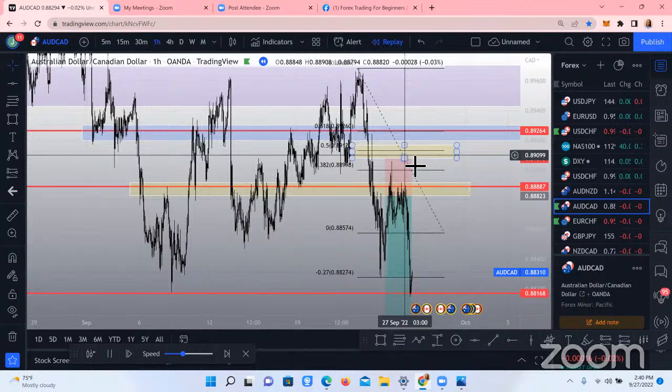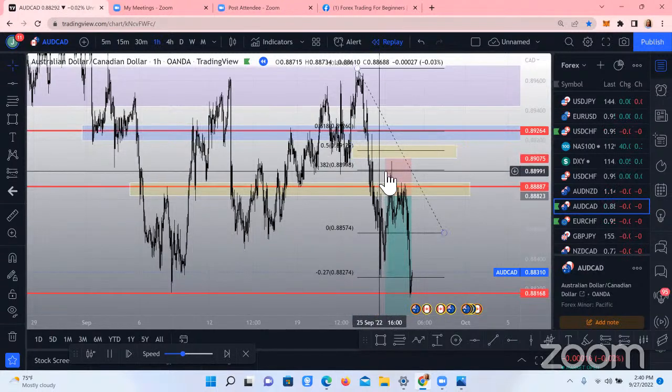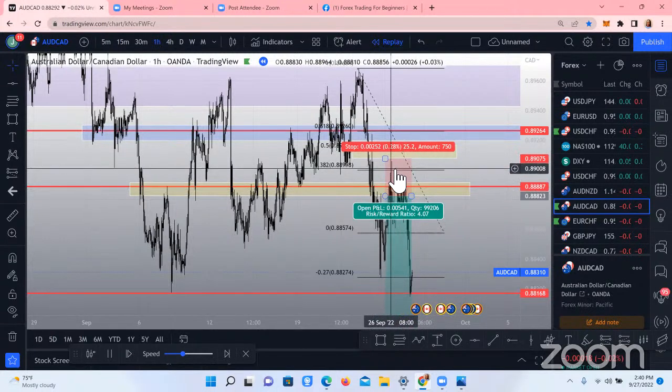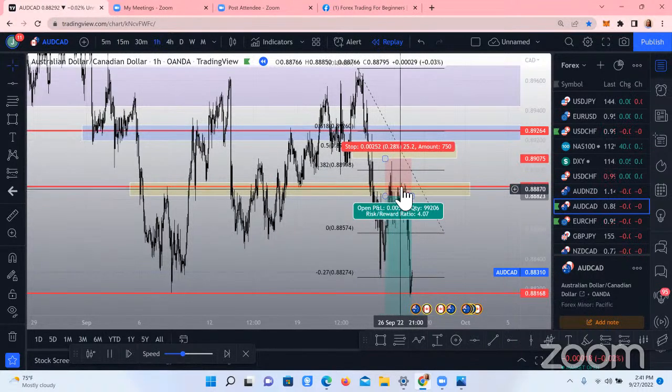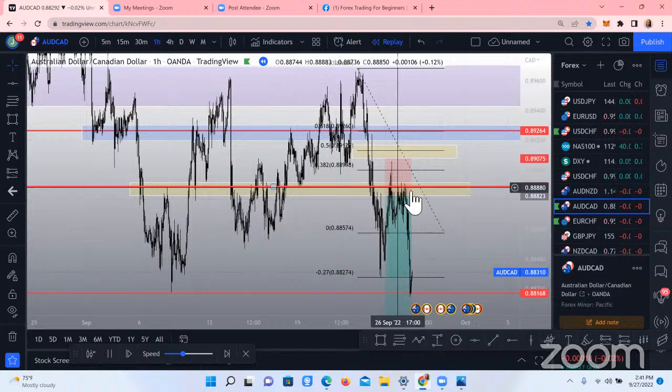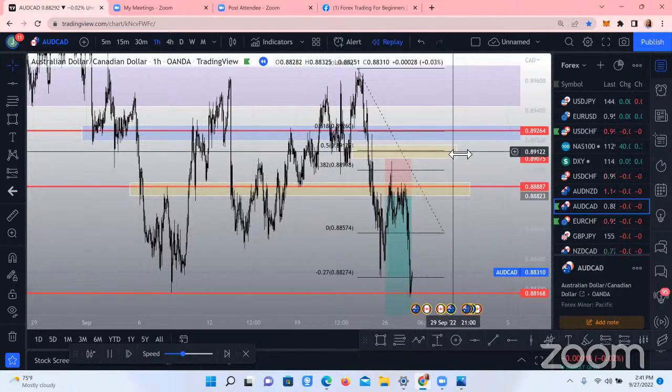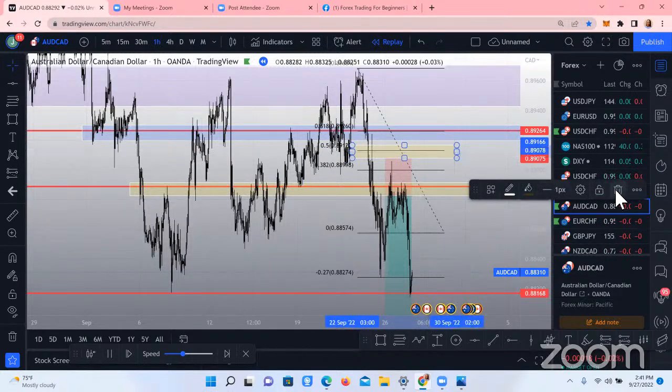And it wasn't the fibs. The price came all the way back and touched the 0.38, but we could have got in there if you would have had a buy limit up there. But that prime real estate where it started eating those orders was right here in this golden area that you have to notice.